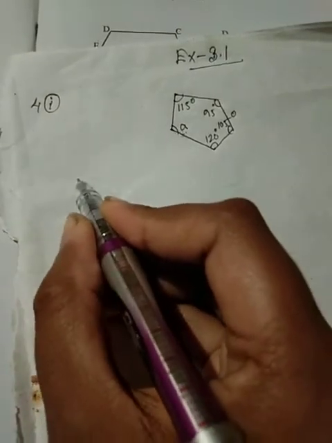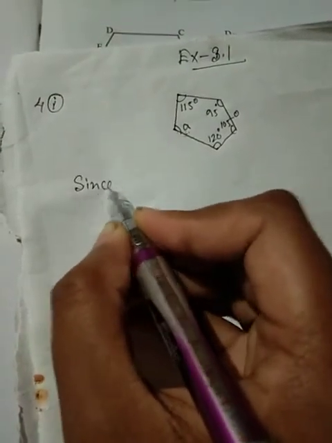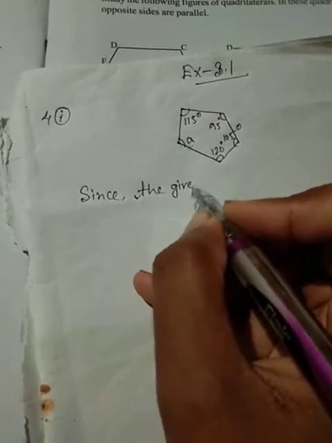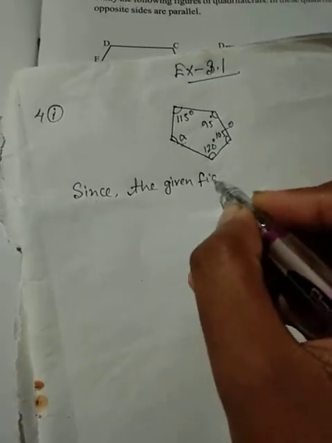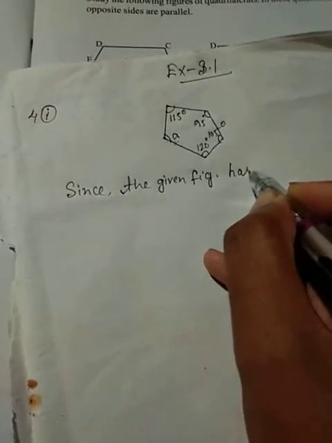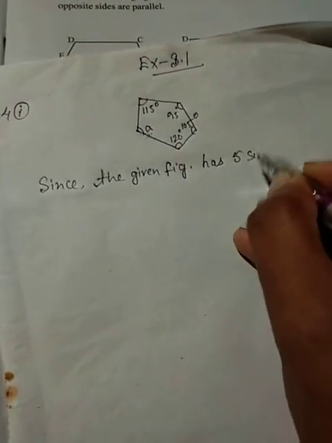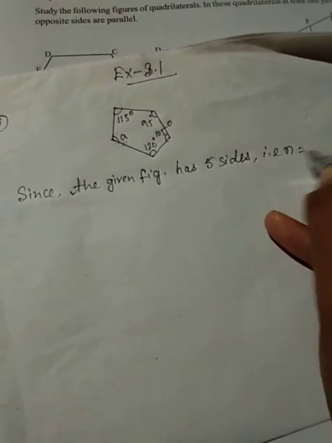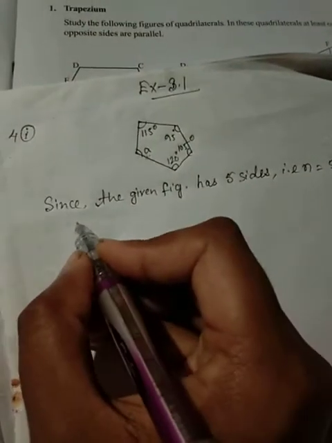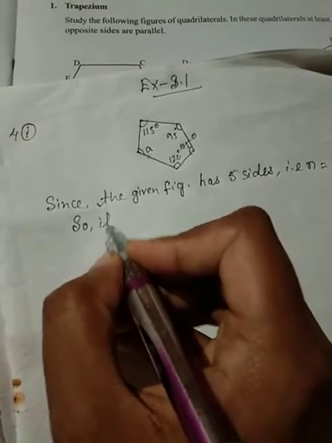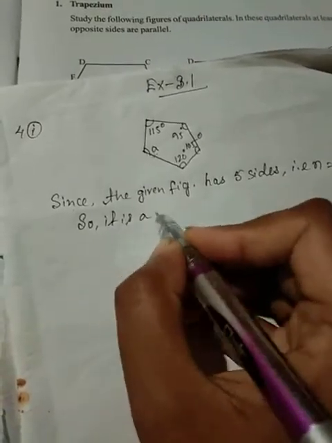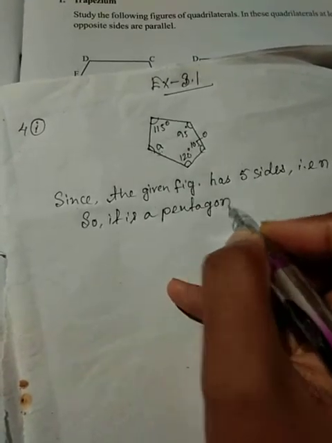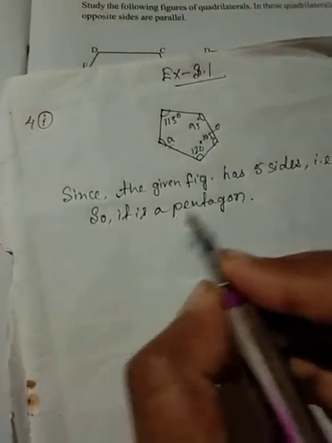Now, since the given figure has 5 sides, that is n equal to 5. So, it is a pentagon.